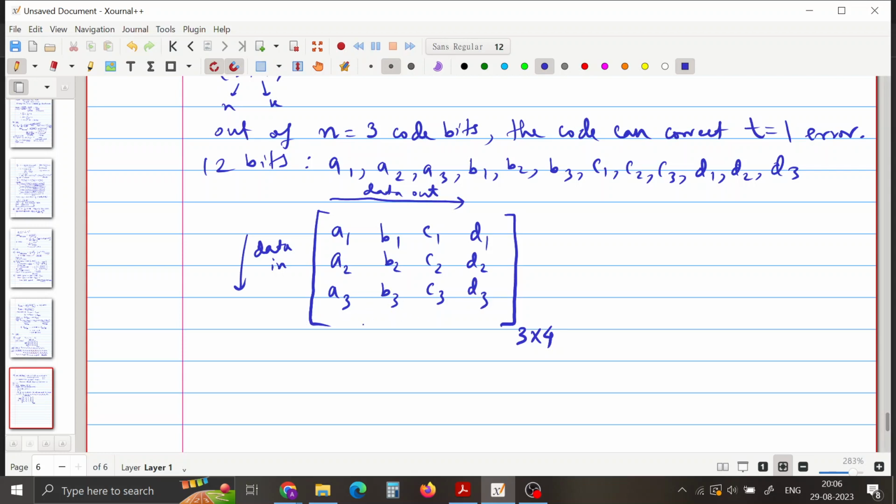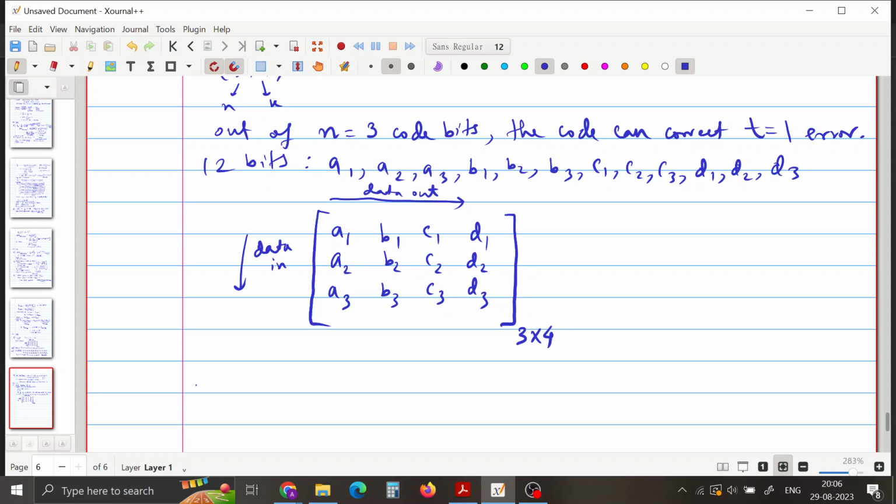Now the question is, what is the maximum length of the burst error, or the consecutive errors, that I can tolerate and correct? For that, what will be the sequence of the transmitted bits?